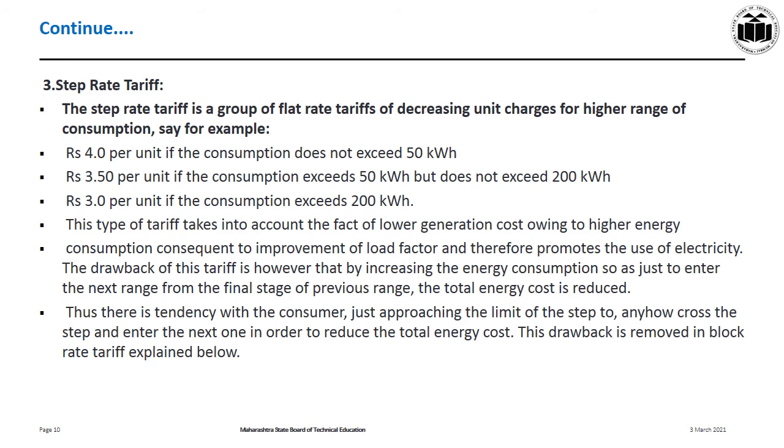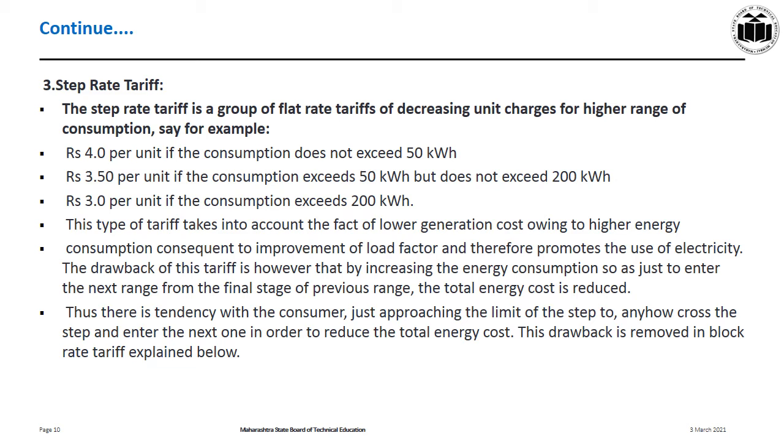The step rate tariff is designed to encourage the consumer to use more and more electricity. Step by step it is charged. The step rate tariff is a group of flat rate tariffs of decreasing unit charge for higher ranges of consumption. For example, if the consumption doesn't exceed 50 kWh, the charge is 4 rupees per unit.